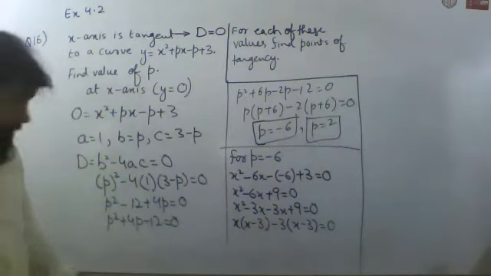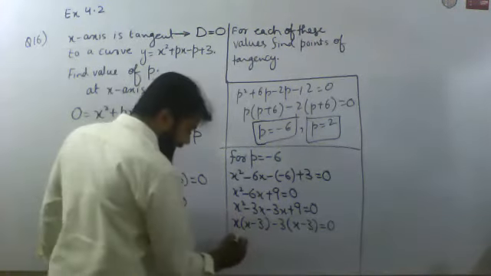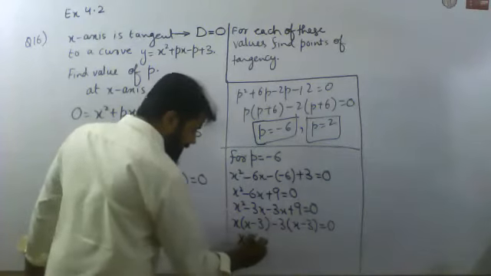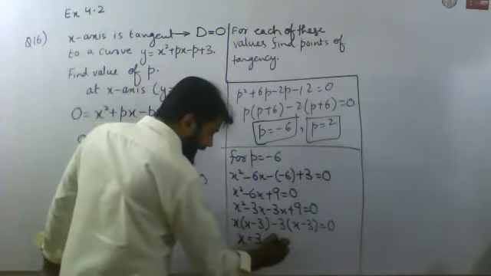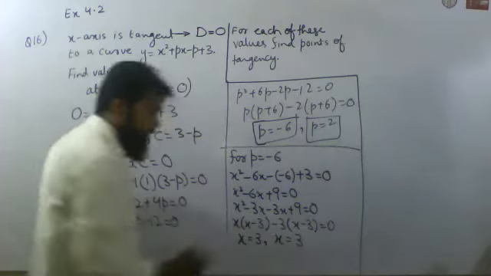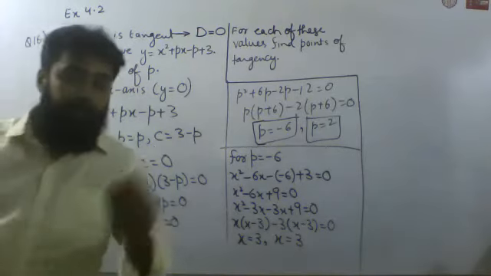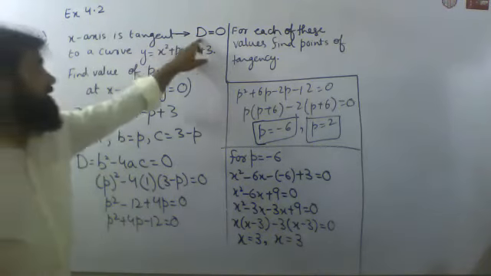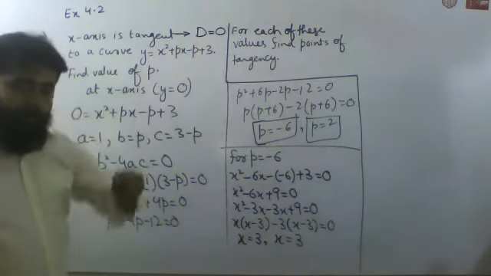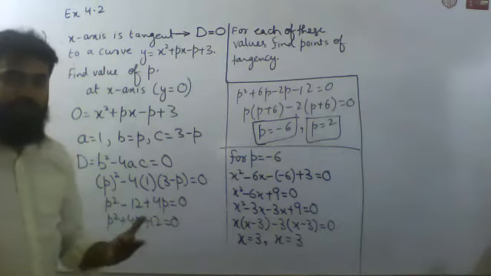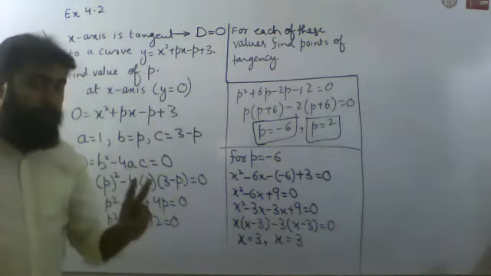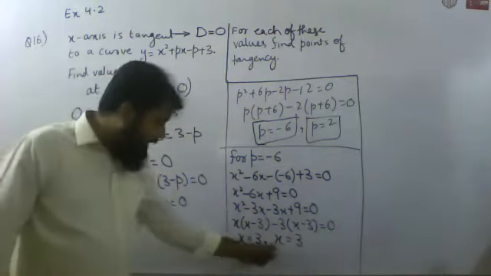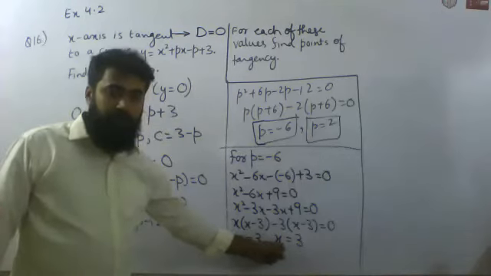So when I simplify it, I will have a repeated value of x. See, that was the thing we were saying. Discriminant was 0 means whenever I solve for the value of x, I will have two repeated values of x. See, I am getting repeated values of x.